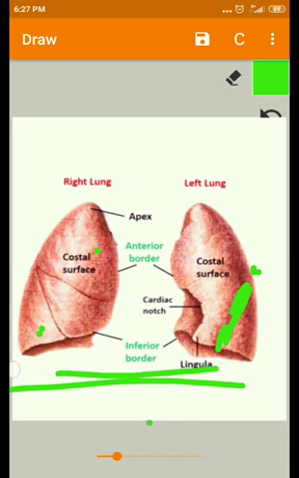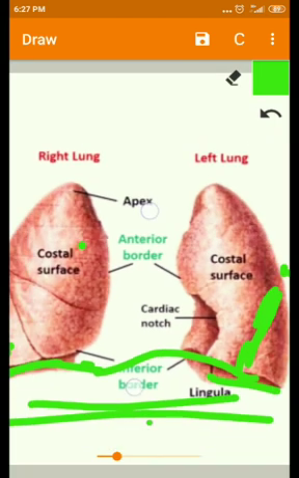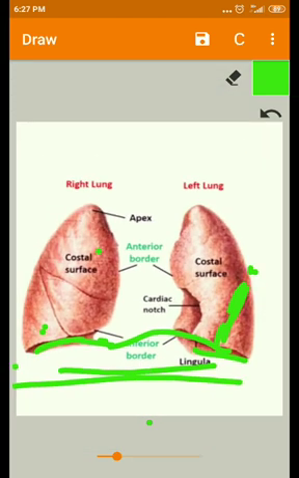The lung is resting on the domes of the diaphragm, and whenever the diaphragm descends, a space is created, so the lung will expand at the basal level.